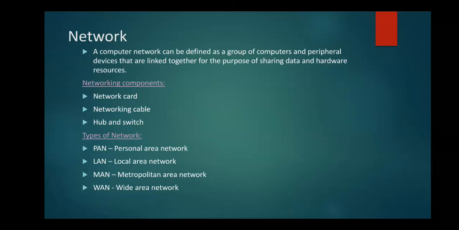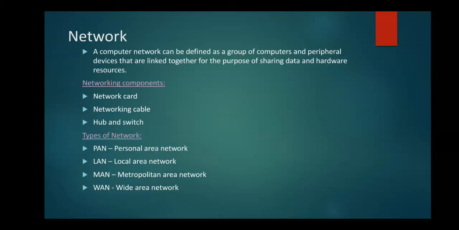Now the different types of network. PAN stands for Personal Area Network, that means only a single computer. LAN stands for Local Area Network. It operates in a small area within a campus or a building, and since its area is very small, it can be connected through cables. Next is the MAN.